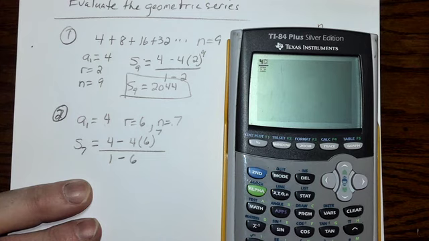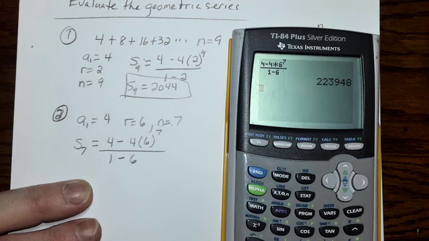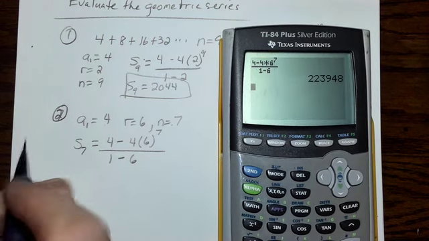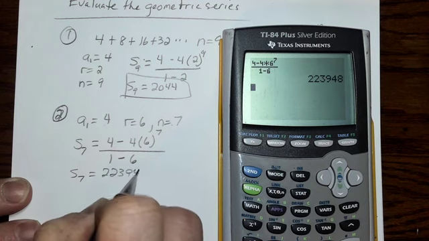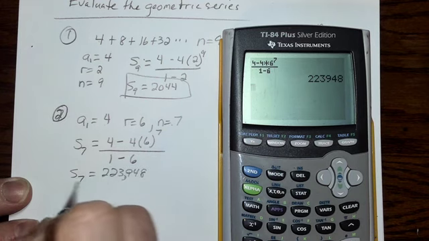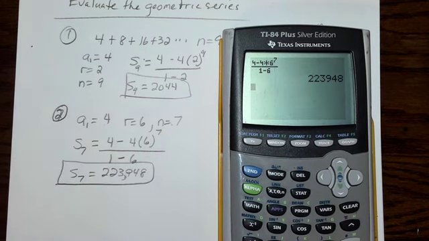I'm going to go 4 minus 4 times 6 raised to the 7th, and all of that is over 1 minus 6. And I get 223,948. And there's the sum of the first 7 terms.